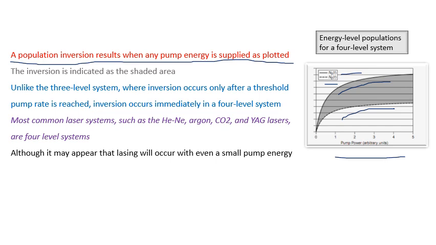So lasing is happening between N3 and N2. So this inversion here, this is the portion where inversion is generated, between N2 and N3, and this is the lasing portion.